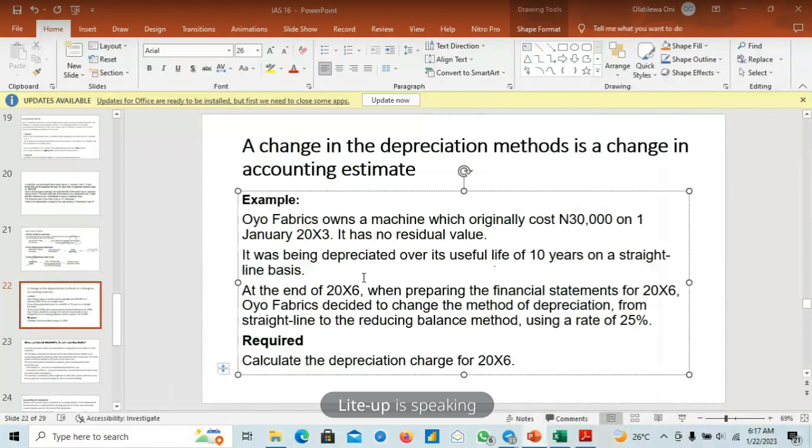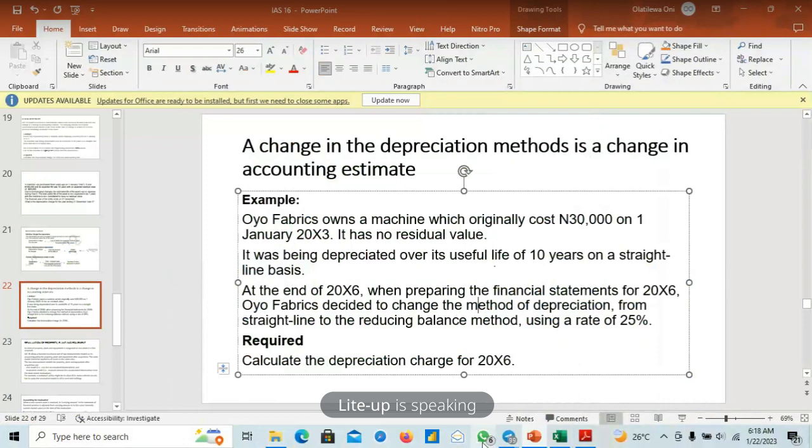But at the end of year 6, when preparing the financial statements for 20x6, the company decides to change the depreciation method from straight line to reducing balance using a rate of 25%. So for the first 3 years of this asset, it will be depreciated on a straight line basis, and in the subsequent years it will be depreciated at the rate of 25%.